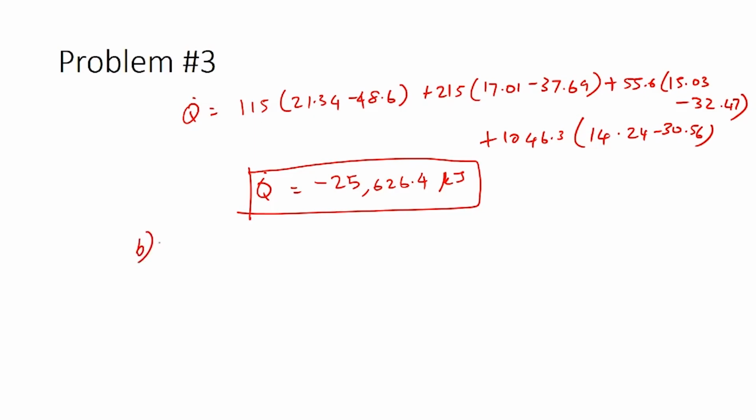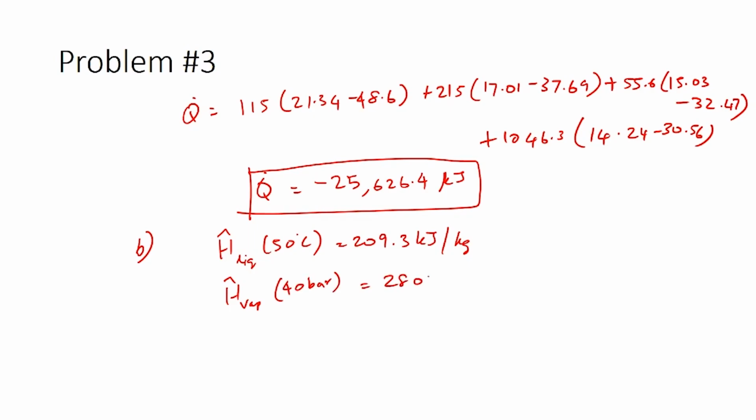So, for part B we can use steam tables, and the H cap of liquid water at 50 degrees Celsius can be looked up in the steam table to get 209.3 kilojoules per kilogram as the enthalpy with reference to its reference state in the steam tables. Similarly, H cap for water vapor at 40 bar, which is saturated vapor at 40 bar, is 2800.3 kilojoules per kilogram.